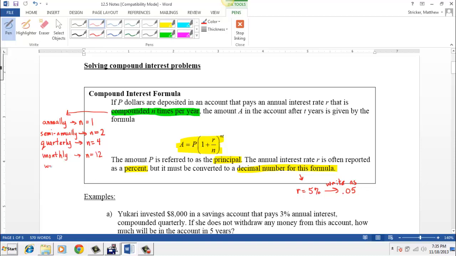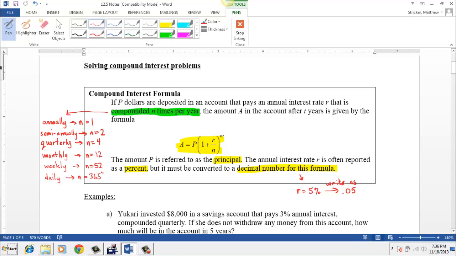We could say weekly, which there are 52 weeks in a year, so n would be 52. And the last one I'm going to write here is we could say interest is compounded daily, which would mean n is 365, not accounting for leap year.